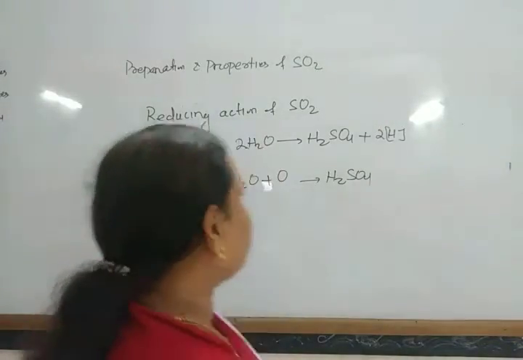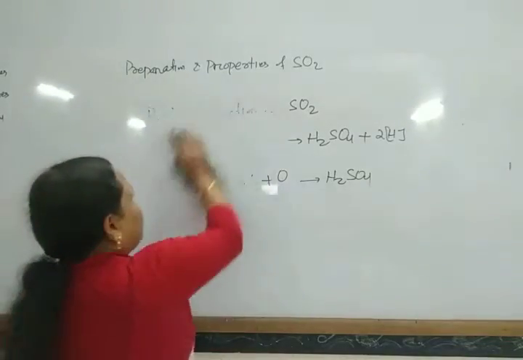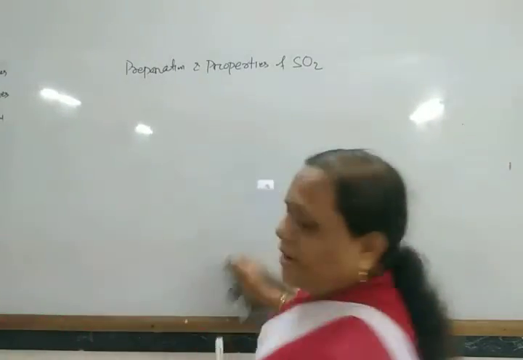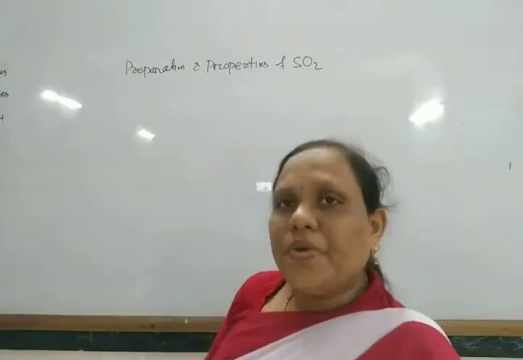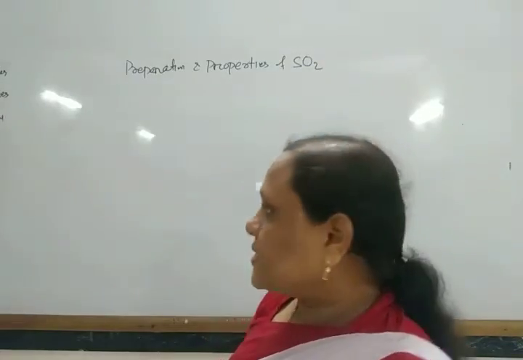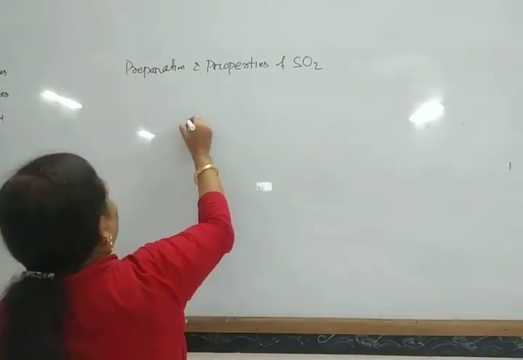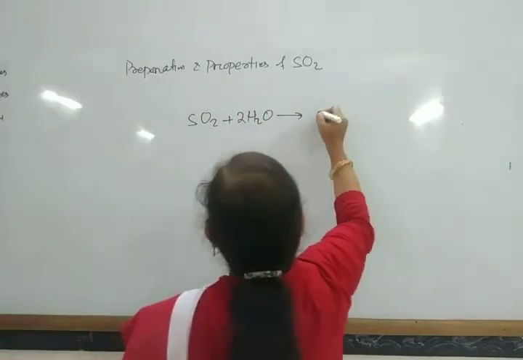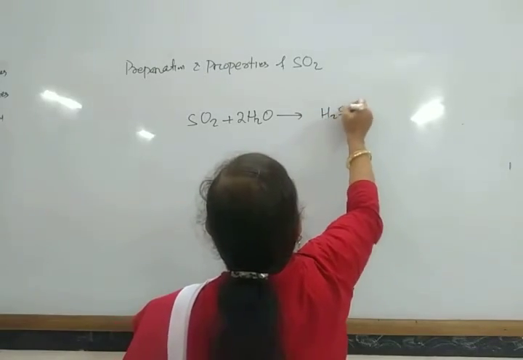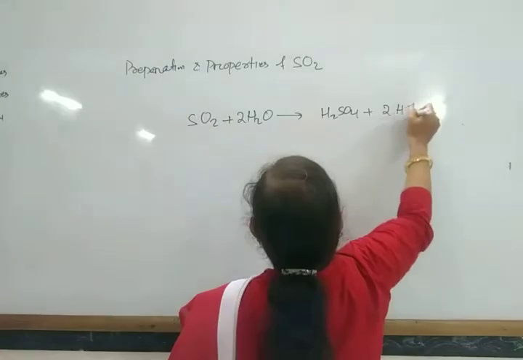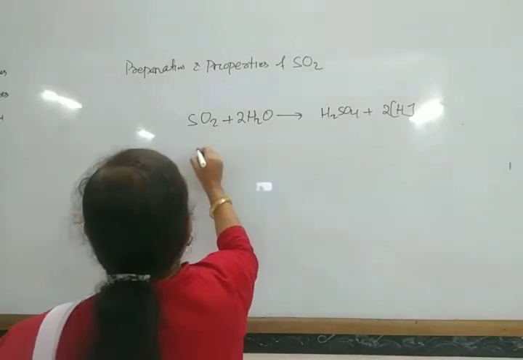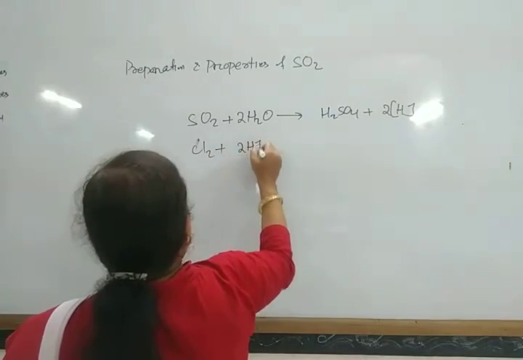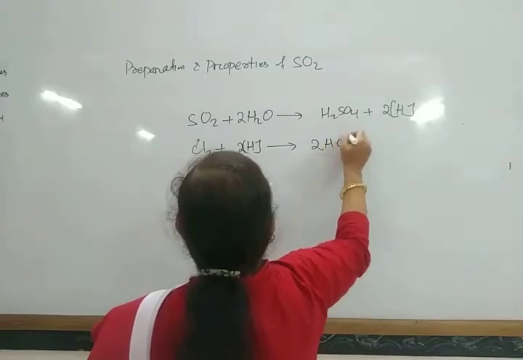So it reduces various reagents. It reduces the halogens to halogen acids. For example, SO2 plus 2H2O gives rise to H2SO4 plus 2H, and chlorine plus 2H gives rise to 2HCl.